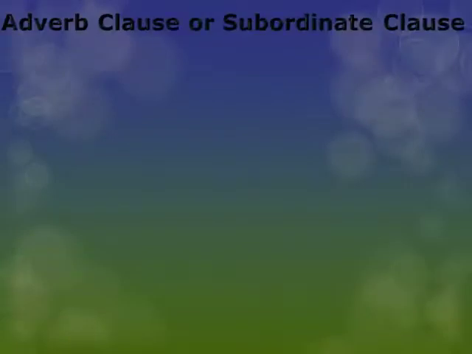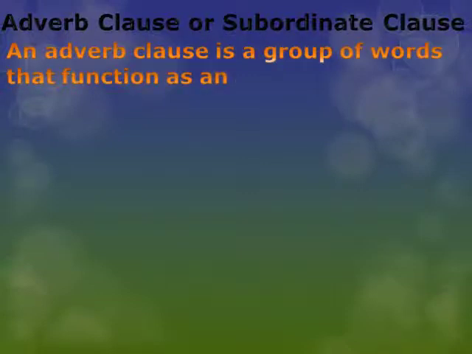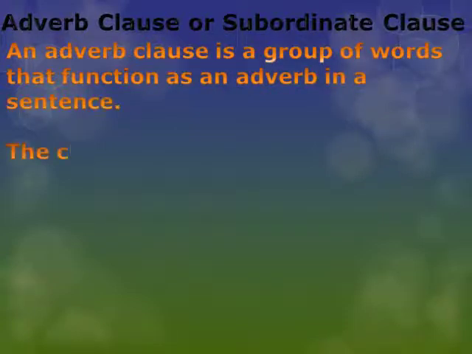Last is the adverb clause. An adverb clause is also known as a subordinate clause. An adverb clause is a group of words that function as an adverb in a sentence.